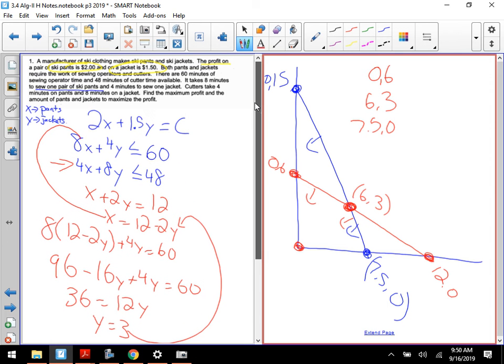Where was our profit, 2x plus 1.5y? Okay, so let's see, if I 3, that's $9 for the first one. I make $9 on that one. Woohoo! We go to 6. Next one we get 12 and 4.50, so that'd be, what was it, 16.50?